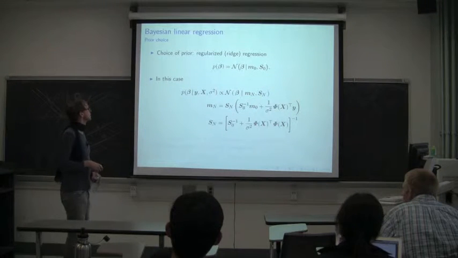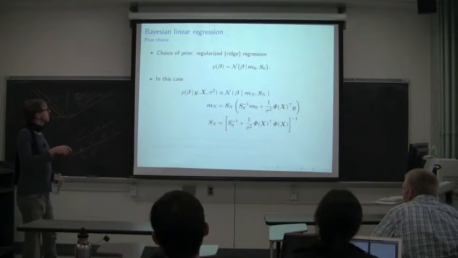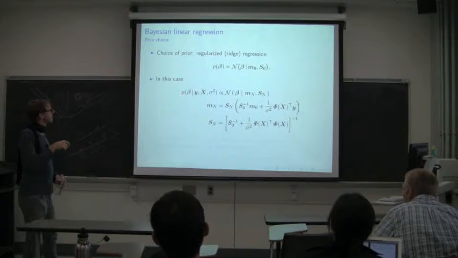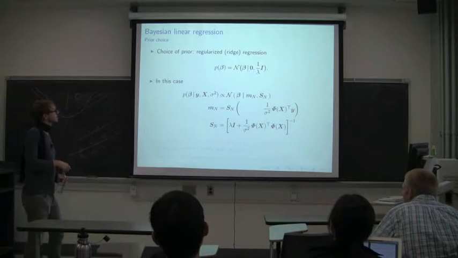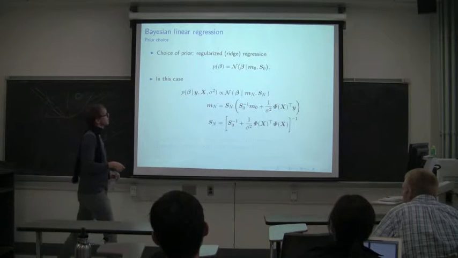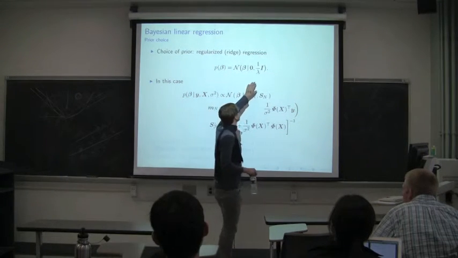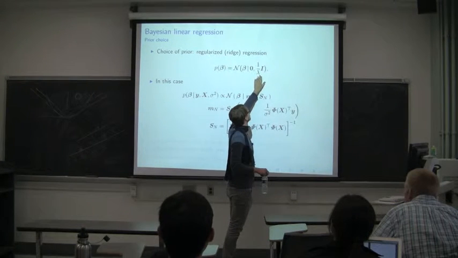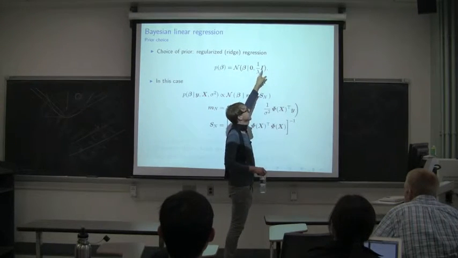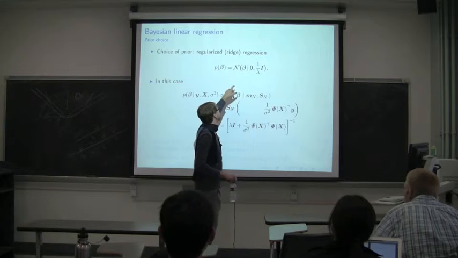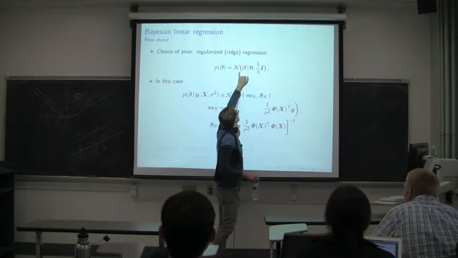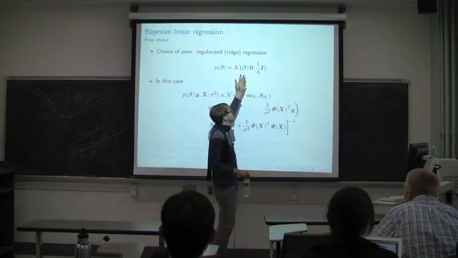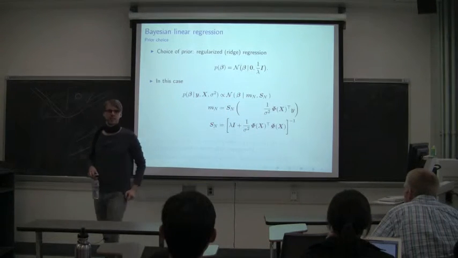And this is exactly what we said. In order to go to ridge regression, it corresponds to setting the prior covariance to 1 over lambda times identity, so an independent, mean zero Gaussian on each of the entries of beta.